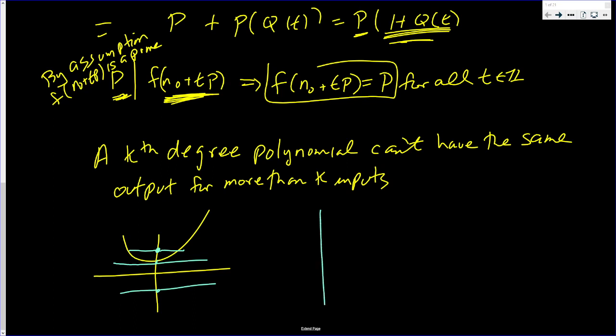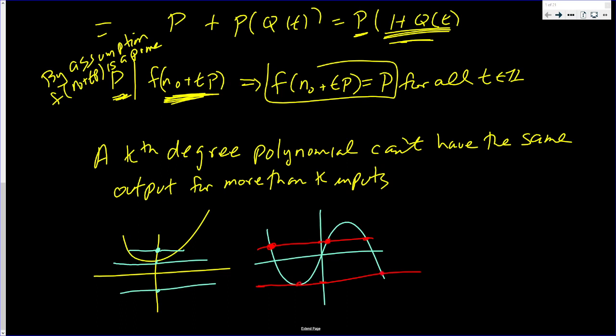Now, if you have a cubic equation, you can only attain a particular value up to 3 times. 1, 2, 3. This value right here, we got 2 times.